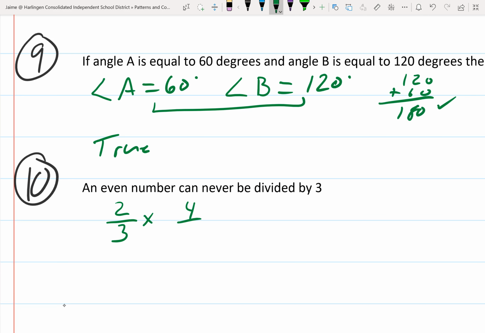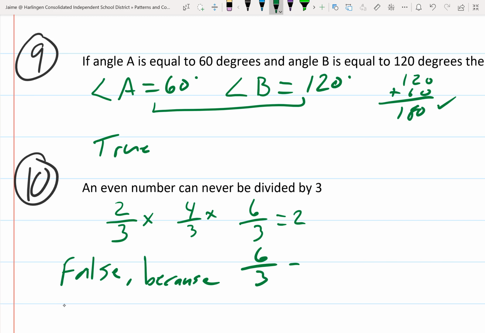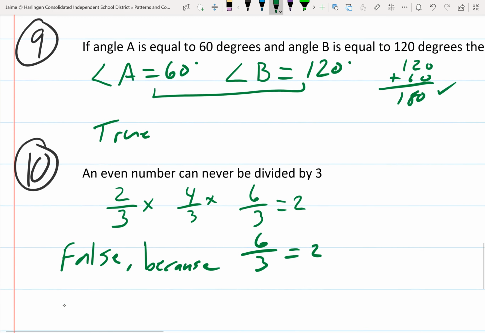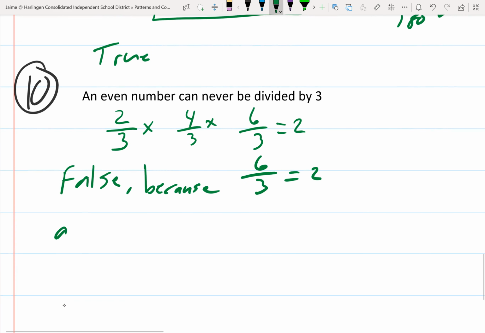Can you divide 4 by 3? Nope. 6? Can you divide 6 by 3? Oh, you can divide 6 by 3. That gives you 2. So then this is false, because 6 divided by 3 is equal to 2, and 6 is an even number.